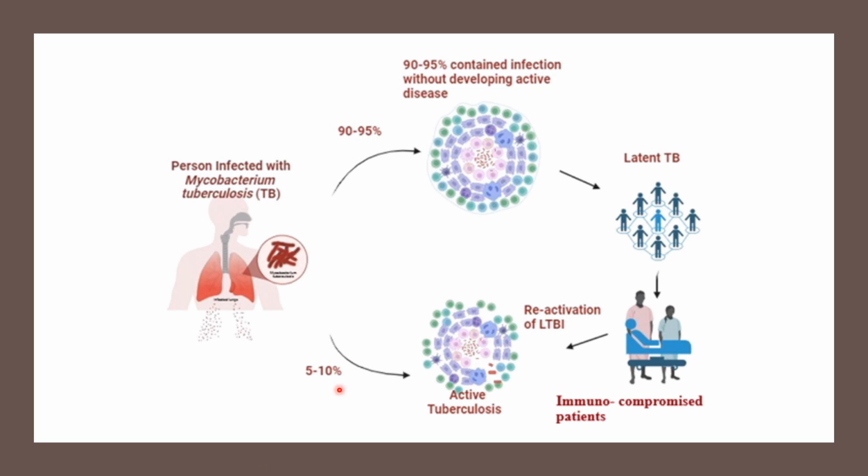That's just what we have said. When a person is infected, 90% of the time he will not develop the disease, and 5 to 10% he will develop an active tuberculosis.